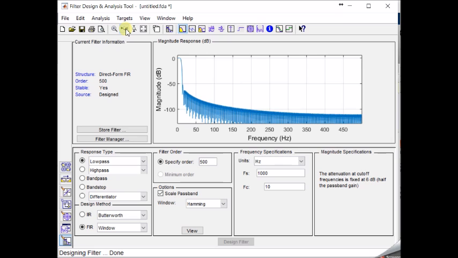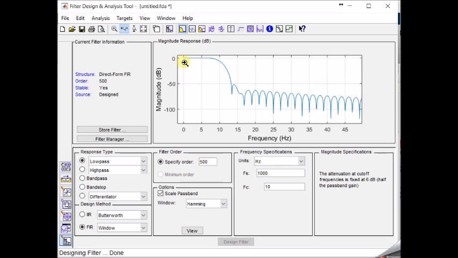So let's zoom in to between 0 and 50 hertz. And what we see is that the magnitude in decibels of the filter is about 0 below 10 hertz, then between 10 and 15 hertz drops to below negative 50 decibels.